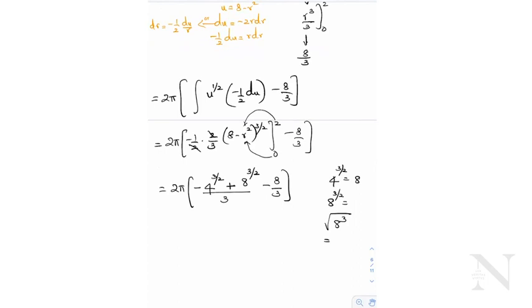The square root of 8 squared is 8, so it's 8 times the square root of 8, which is 16 times the square root of 2, because 8 is 4 times 2.